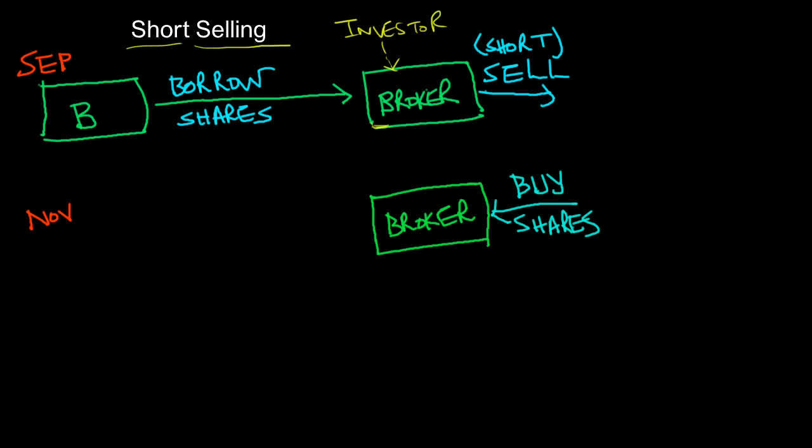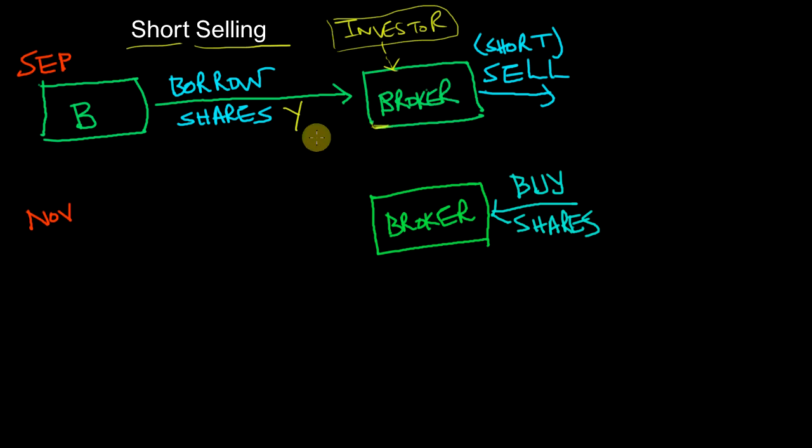Now, when we talk about short selling, what we are saying is the investor doesn't own those shares. So let's assume that the investor is giving instruction to the broker to sell a particular stock in a company Y in the market, which the investor doesn't own. Now remember, the broker will have various accounts with various investors.